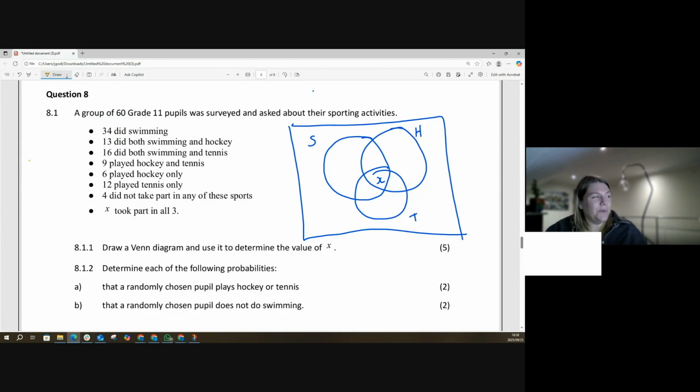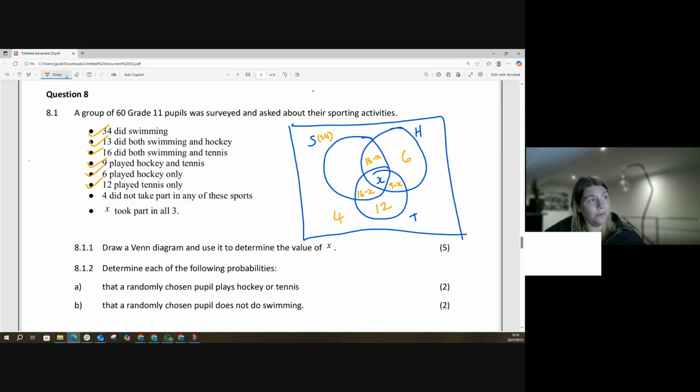Okay, so we had 34 who did swimming. So we have 34 in total who did swimming. 13 did both swimming and hockey, so 13 minus X will go there. 16 did both swimming and tennis, so 16 minus X will go there. 9 played hockey and tennis, 9 minus X there. 6 played hockey only. 12 played tennis only. 4 did not take part in any of these sports, and X took part in all 3.